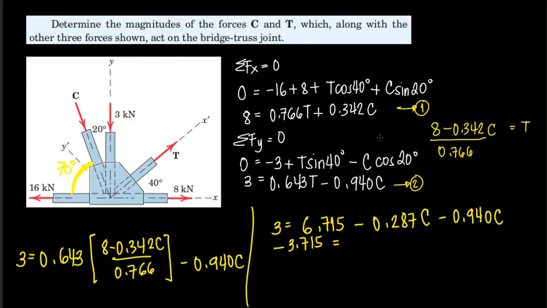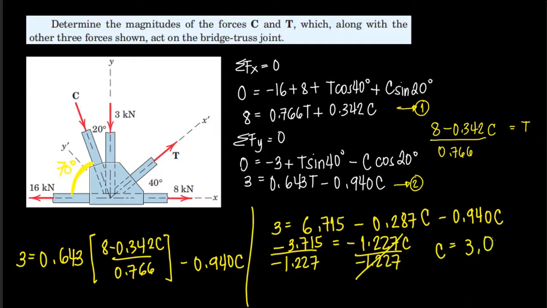Okay. So, with that, we divide by negative 1.227 so that only c is left. And 3.715 divided by 1.227 will give us c that is equal to 3.03. And this is in kilonewtons.